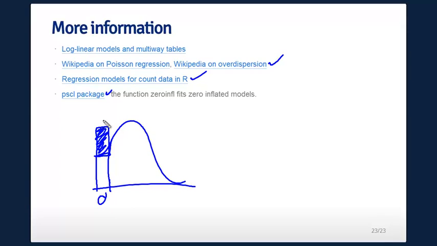And you might think this might happen when you have a lot more 0 counts early on than you would expect. This is called zero inflation. And there's a fun set of models called zip models, zero inflated Poisson models, that you can use.